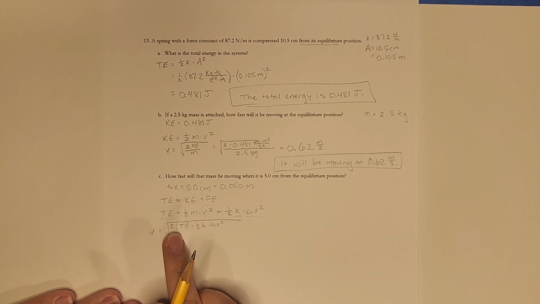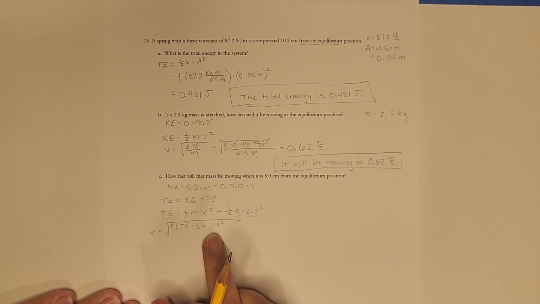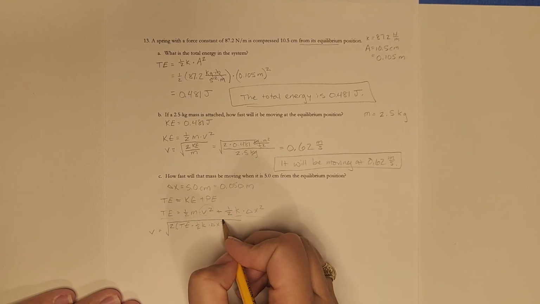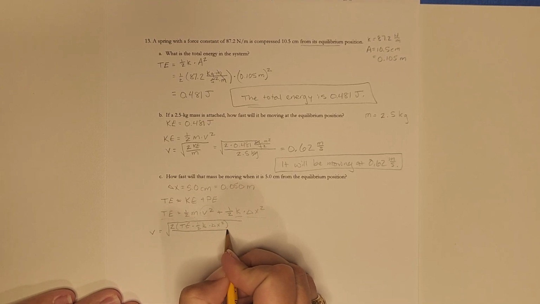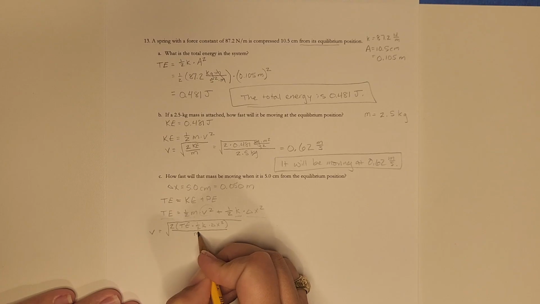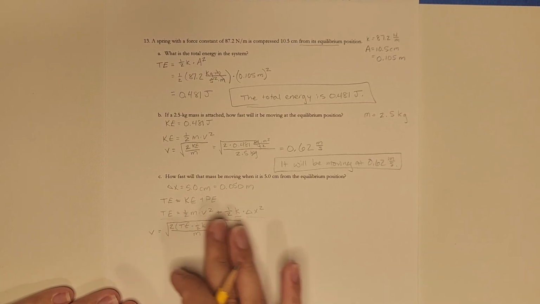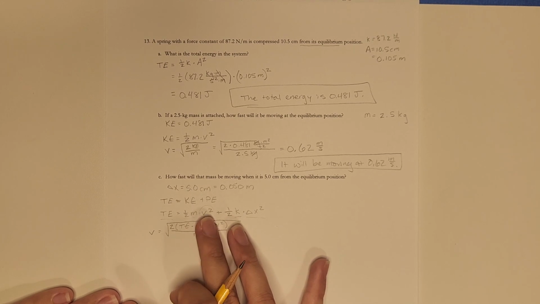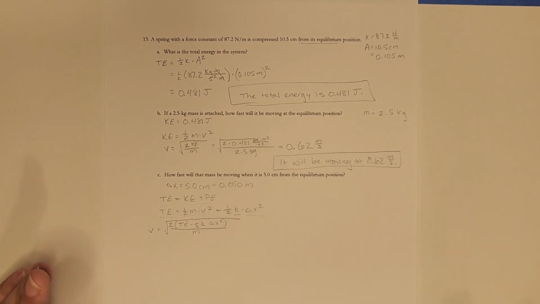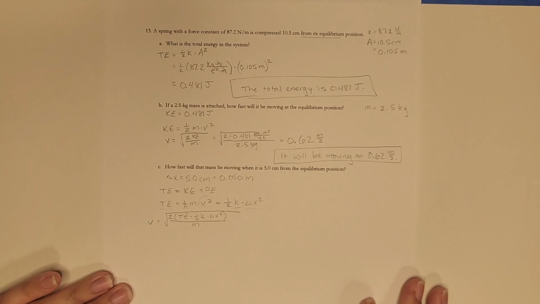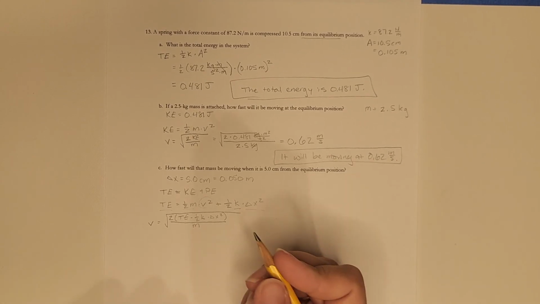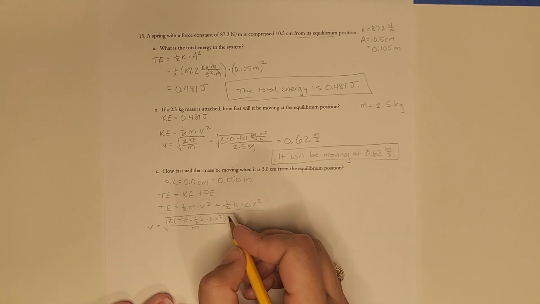So 2 times the total energy minus the potential energy, and dividing that by the mass. If you work this out and just fill in the numbers and then solve for v, that's fine. You'll still get the same answer as me, or very, very close to it.